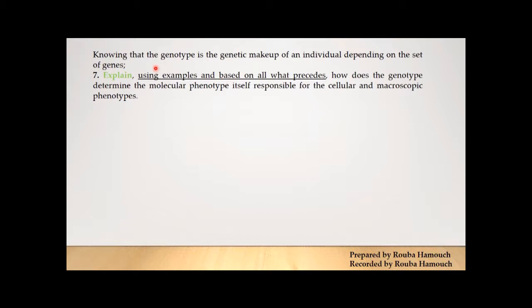Explain thus, using examples and based on all that precedes, how does the genotype determine the molecular phenotype, itself responsible for the cellular and macroscopic phenotypes?